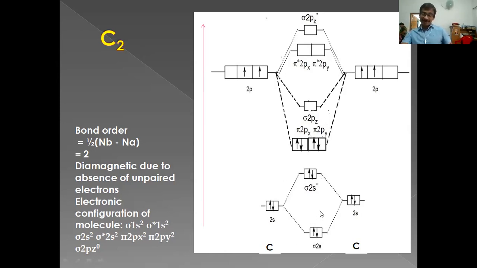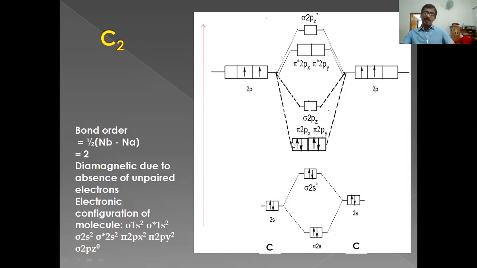But you have to understand inner orbital, 1s orbital also carrying a pair of electrons. They also can undergo linear combination and there will be sigma 1s and sigma star 1s. Don't forget that. For convenience, we are representing only the outermost orbitals here.